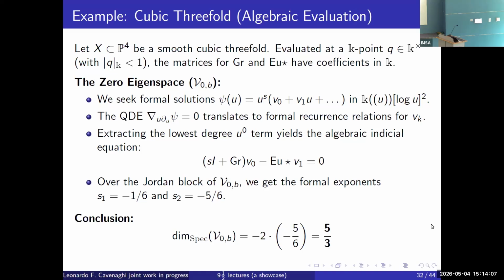Believe me, it's possible to do this computation, and you can check it, because you know even the description of the small quantum homology in this case. So you can actually check that you get this number. This corresponds to the eigenspace at 0, the action of these guys on the ambient part of the curve. And then you compute the dimension, right?